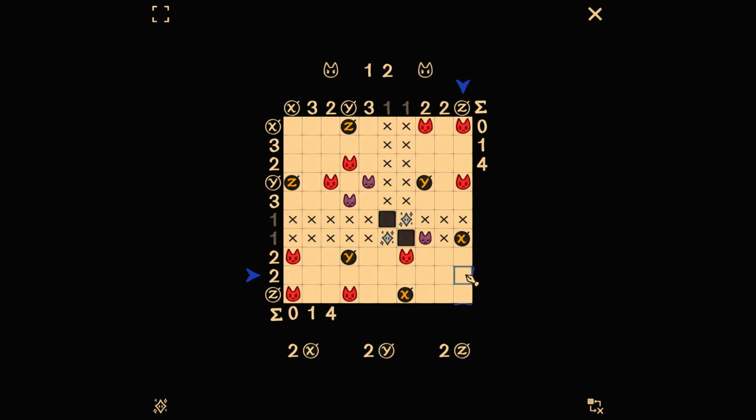Interesting, interesting. So X could be 3. Y is at least 1. So I have 12 cats. Again, I have multiple duplicates of 2.